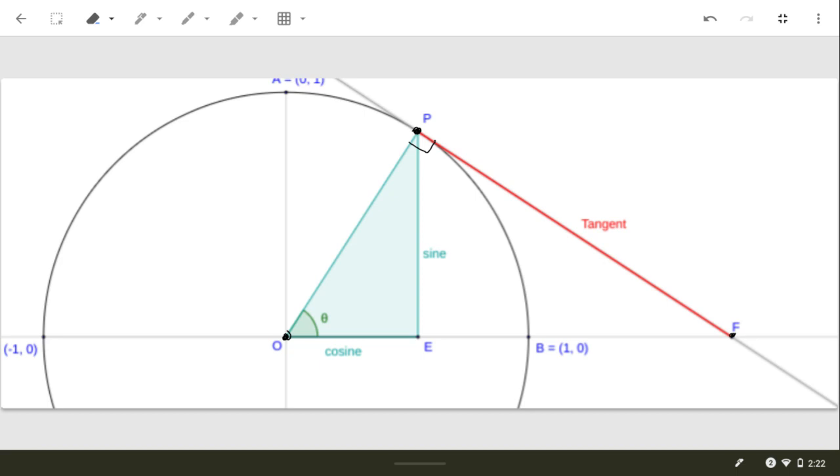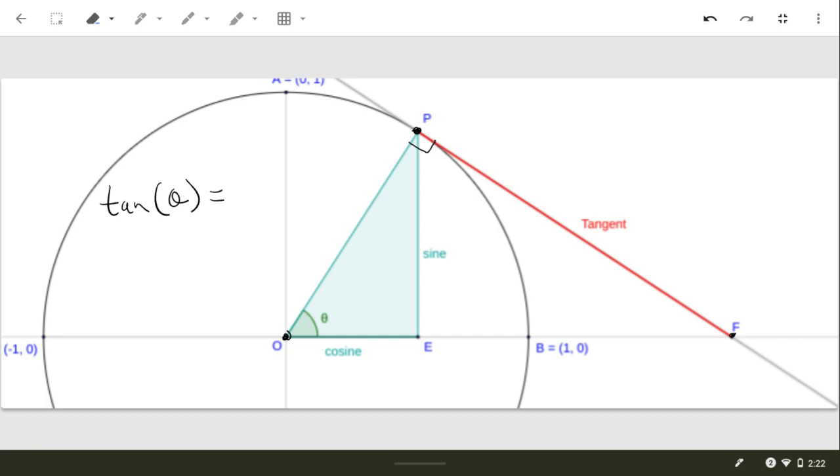But what I want to look at is from my central angle here. If I look at tangent of theta, of course I could say, oh yeah, tangent is equal to opposite over adjacent. So it's equal to sine over cosine. We're done. Great. Nice.